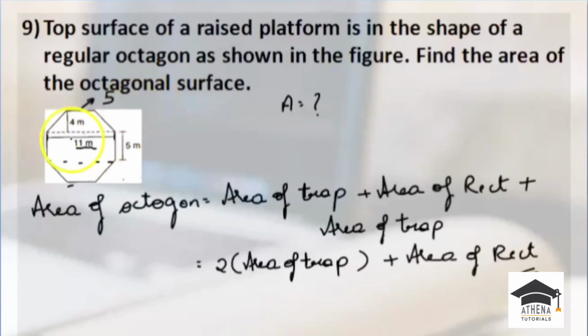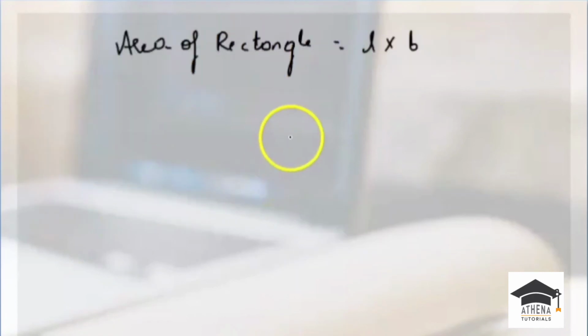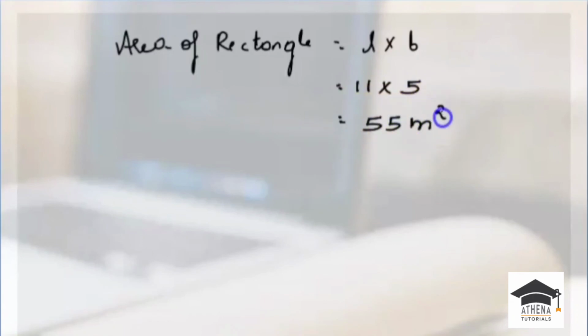Area of rectangle is length into breadth. Look into this figure, this part. This is the rectangle. Length is 11 meter and breadth is 5 meter. So 11 into 5, that is 55 meter square.